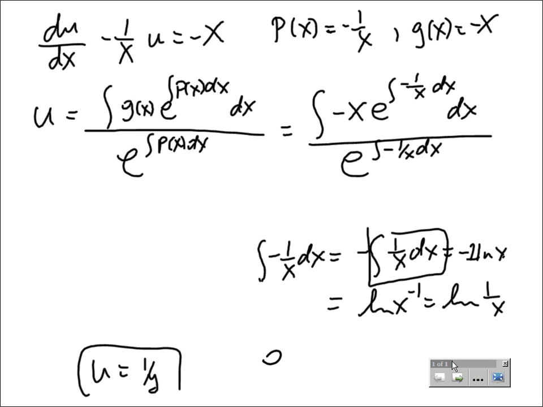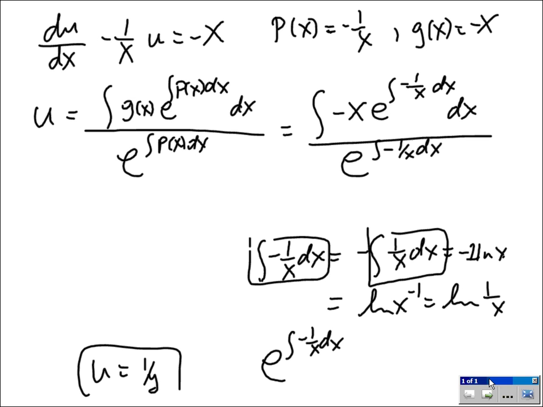And for the record, e to the integral of negative 1 over x dx is going to equal e to the ln of something, and e to the ln of anything is just the anything.